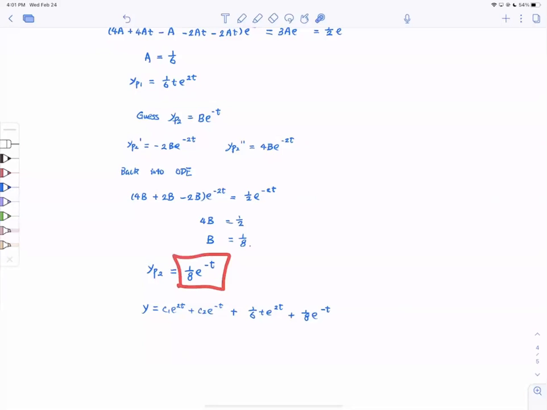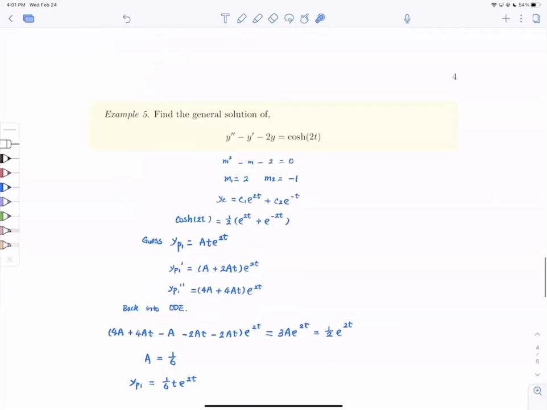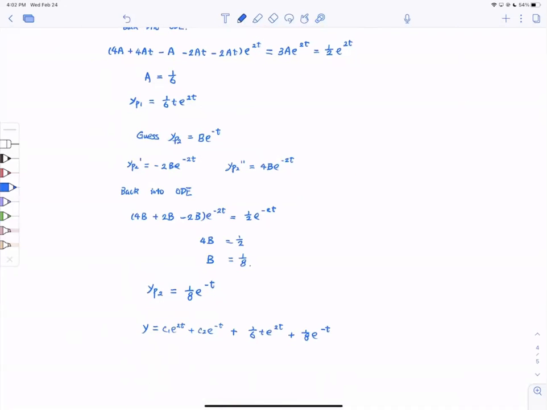It's not from here, it's from here, because you plug in here. I see. Okay, it's negative 2t. My bad, you're right. Any other question?